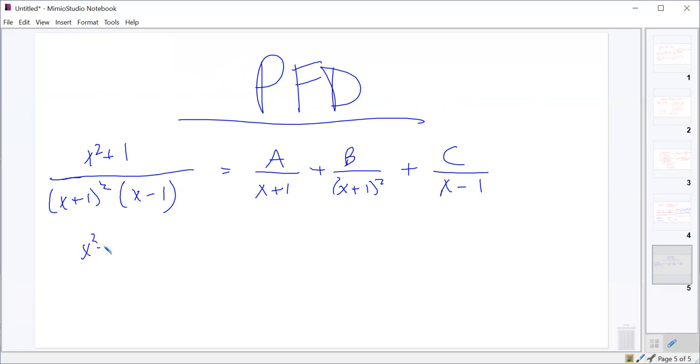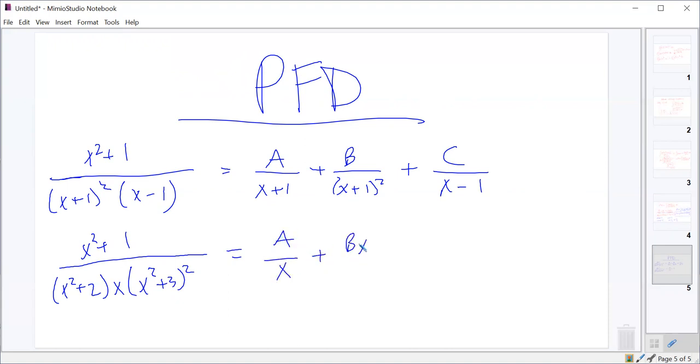If we had something like x squared plus 1 over x times x squared plus 2 times x squared plus 3 squared, you'd have an a over the x because that's a linear piece, so it gets a constant in the numerator. You'd have bx plus c over your x squared plus 2, since a quadratic piece gets a linear factor.